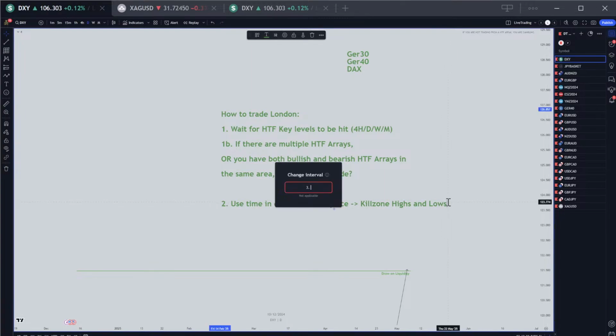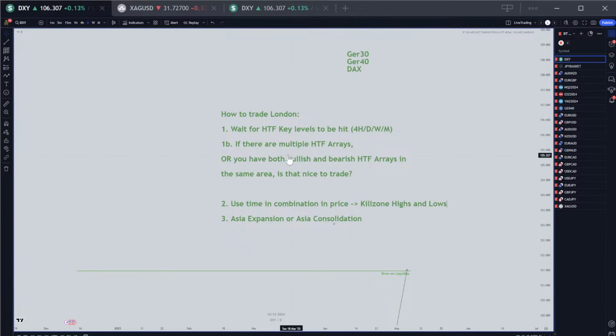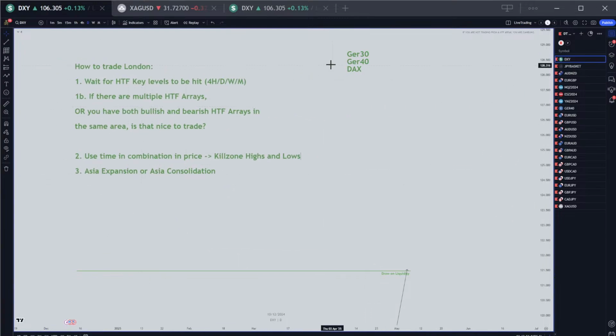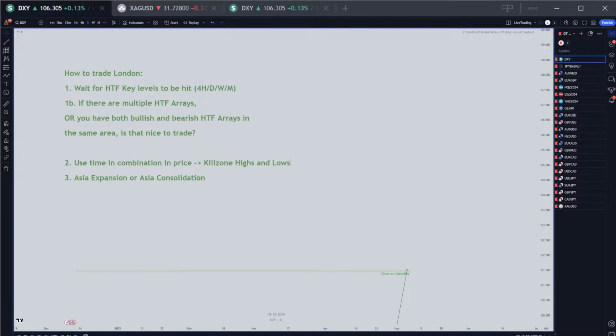Third part, that's where I want to conclude this part, is Asia expansion or consolidation. So in London, Asia expansion and Asia consolidation profiles are not the most advanced stuff that ICT offers, but I like to keep my trading really simple.